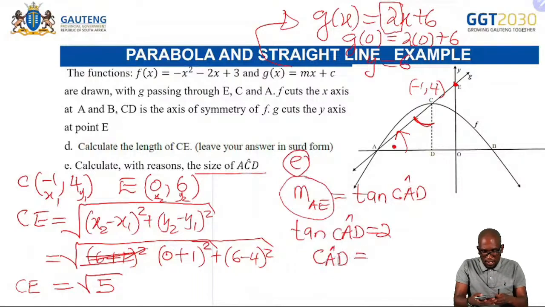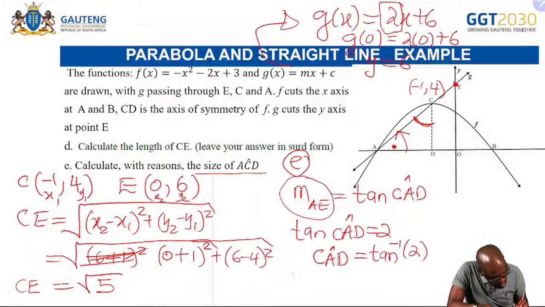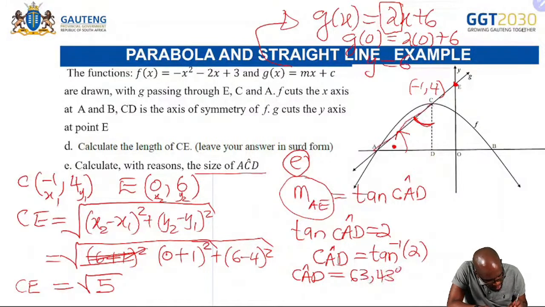If I want to find CAD, I would use the arctangent of 2 in my calculator. So CAD is going to be equal to 63.43 degrees.